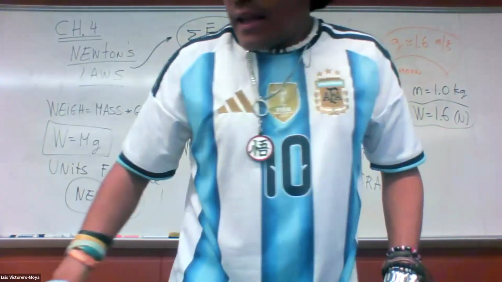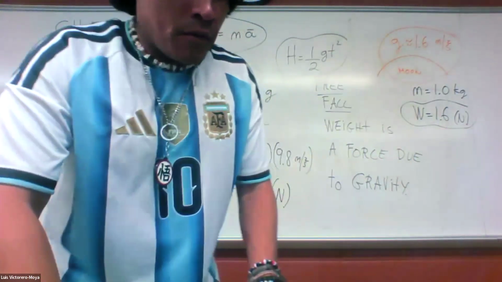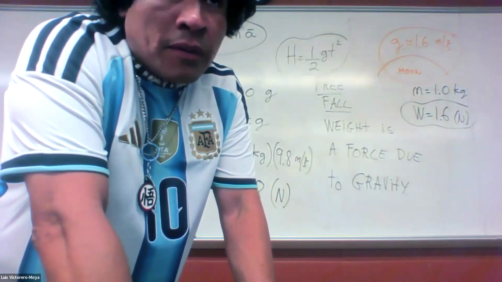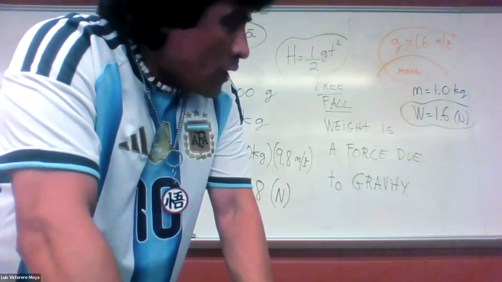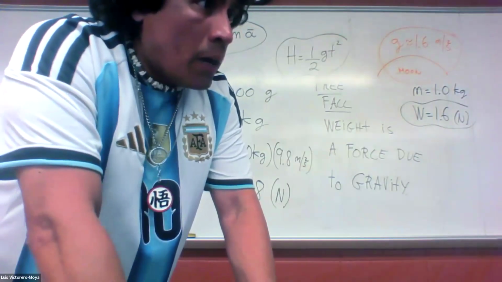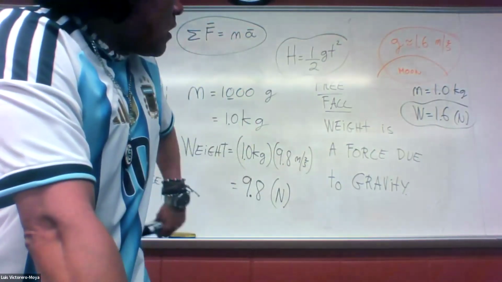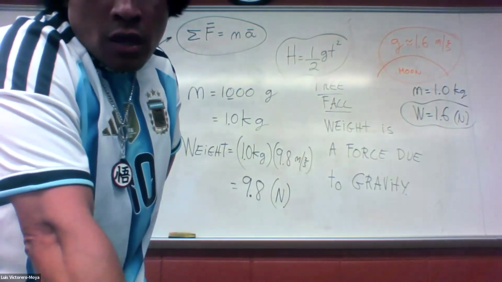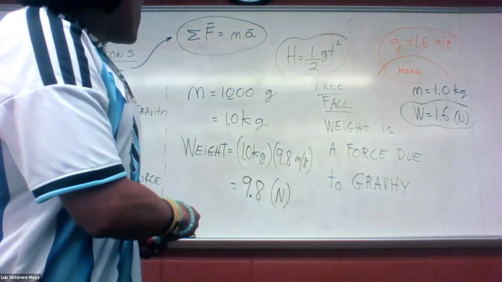So if you're interested, take an astronomy class because that's where I teach the Einsteinian view of gravity and then the whole idea of relativity. All right. But for now, we just talk about forces, weight, masses, and Newton's laws. So that's the introduction. All right.